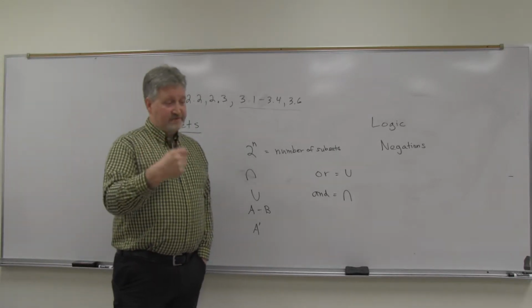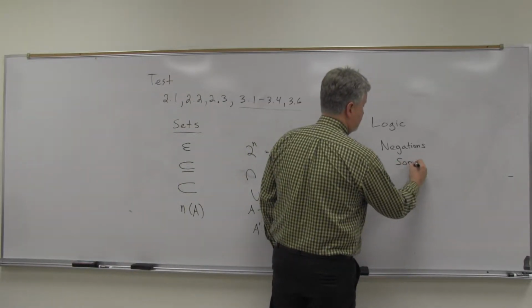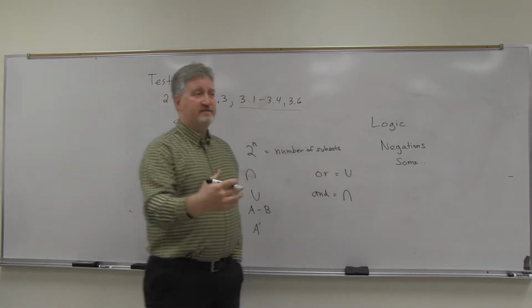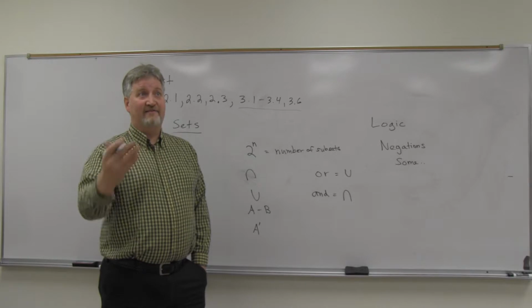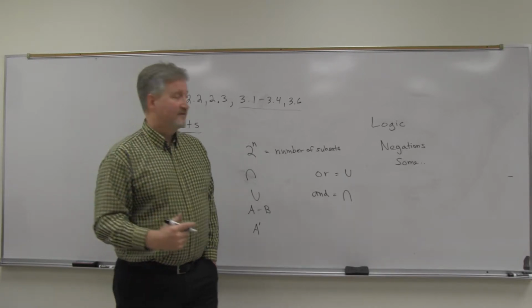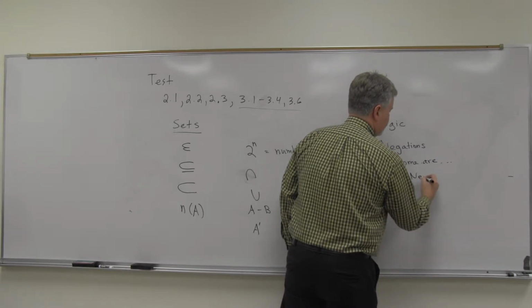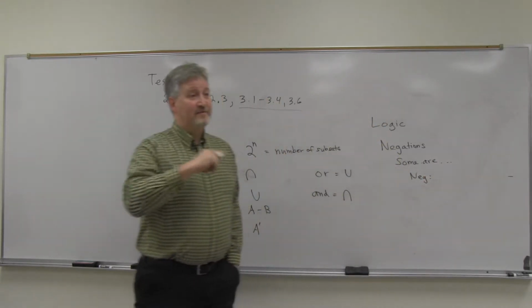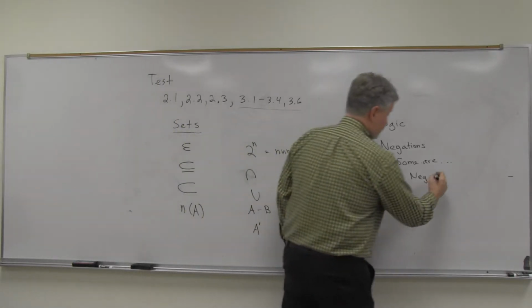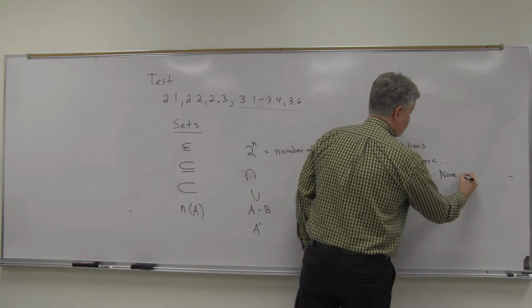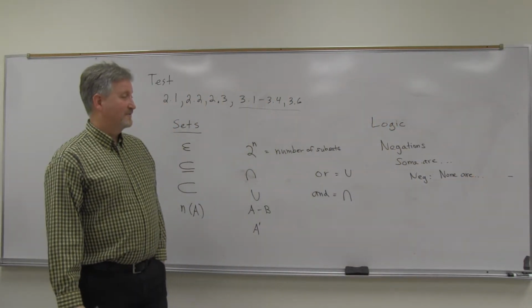However, remember those special ones, the quantifiers. If you've got some, whatever the statement is, it's a some statement. The negation of that is not some, or some are not. So if you've got some are, the negation of that is none are, or whatever is appropriate grammatically speaking.